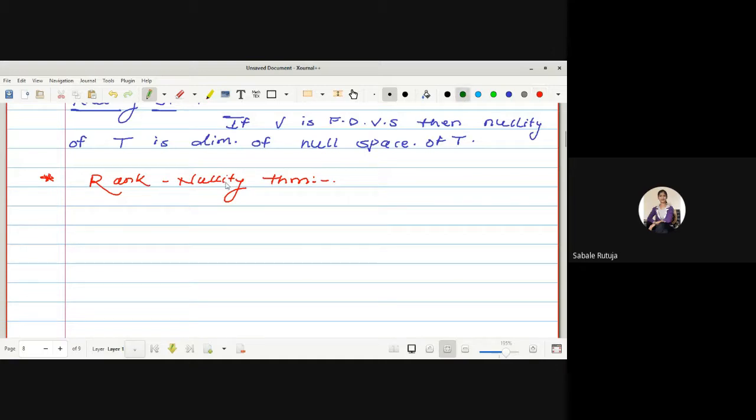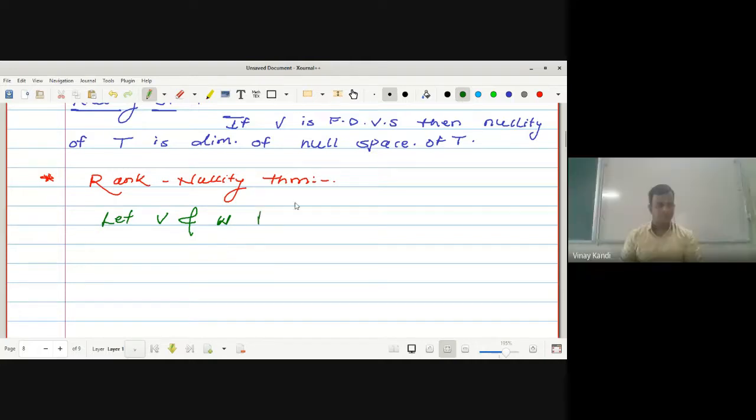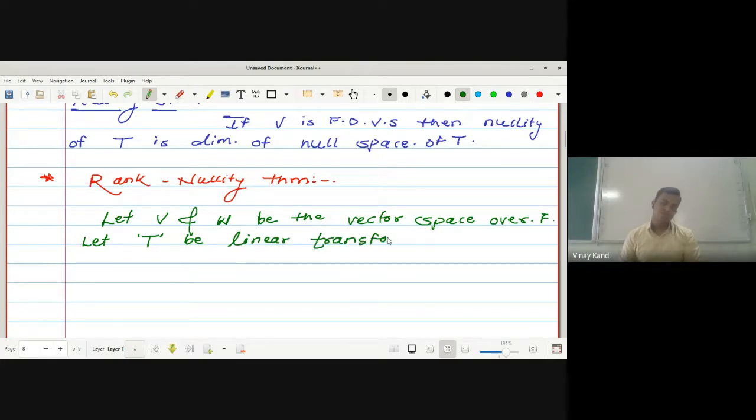Let capital V and capital W be vector spaces over the field F, and let capital T be a linear transformation from V into W. That is, T of V is a subset of W. And suppose capital V is a finite dimensional vector space.